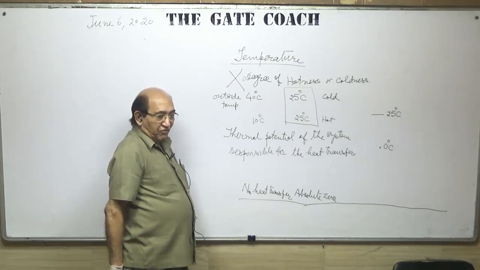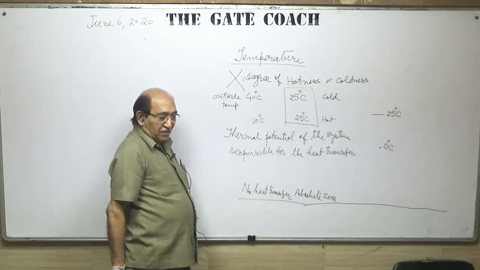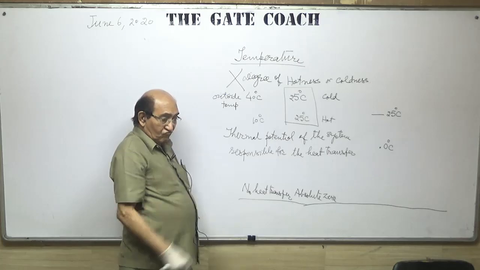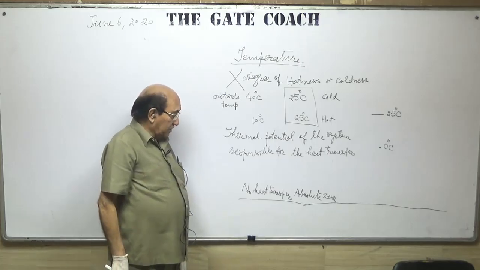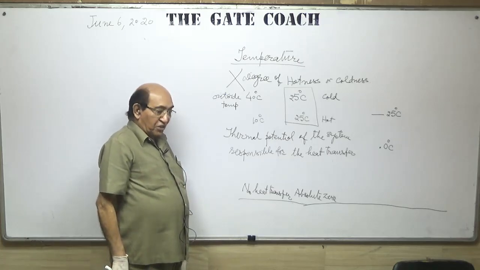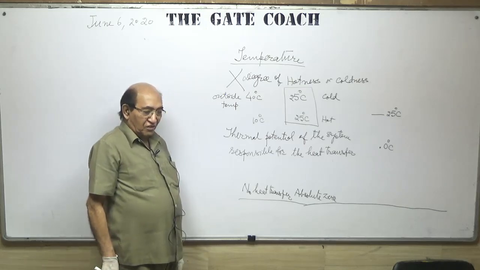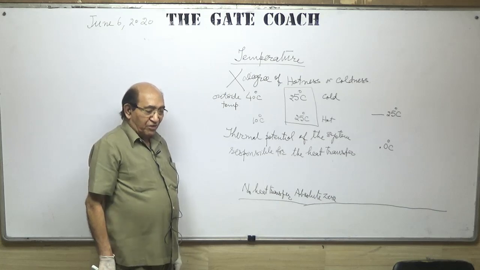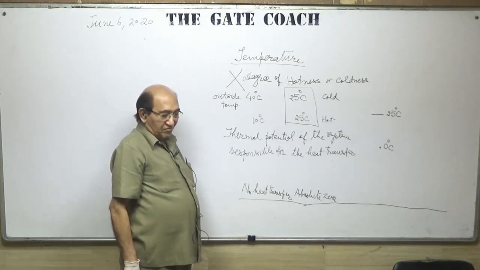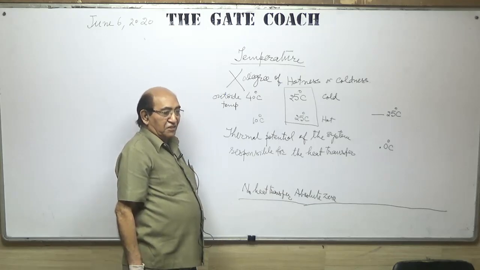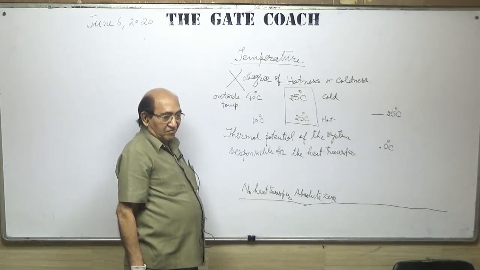Molecules moving with more velocity shall mean exerting higher temperature. And as per kinetic theory of gases, molecules are always in the state of motion, however small the motion may be. That means some temperature is always there, however small it may be.